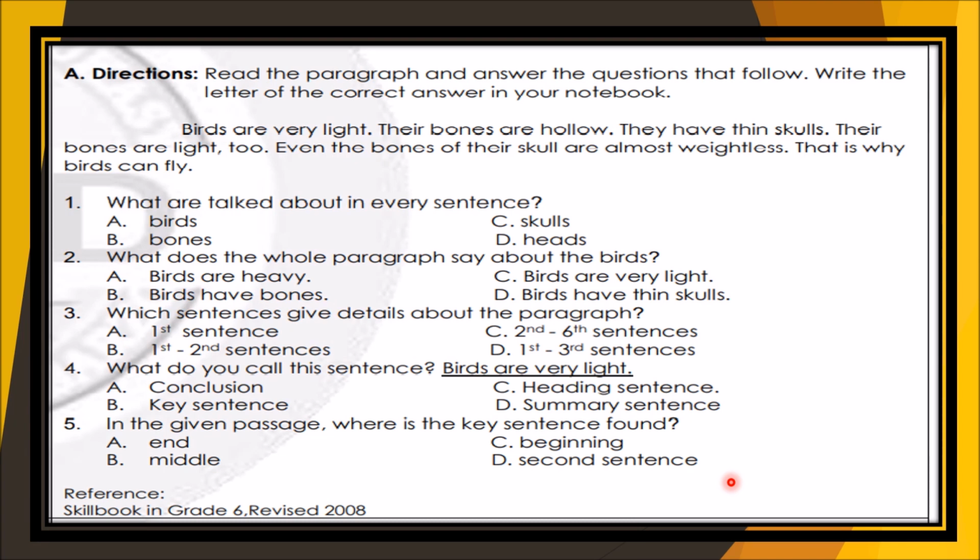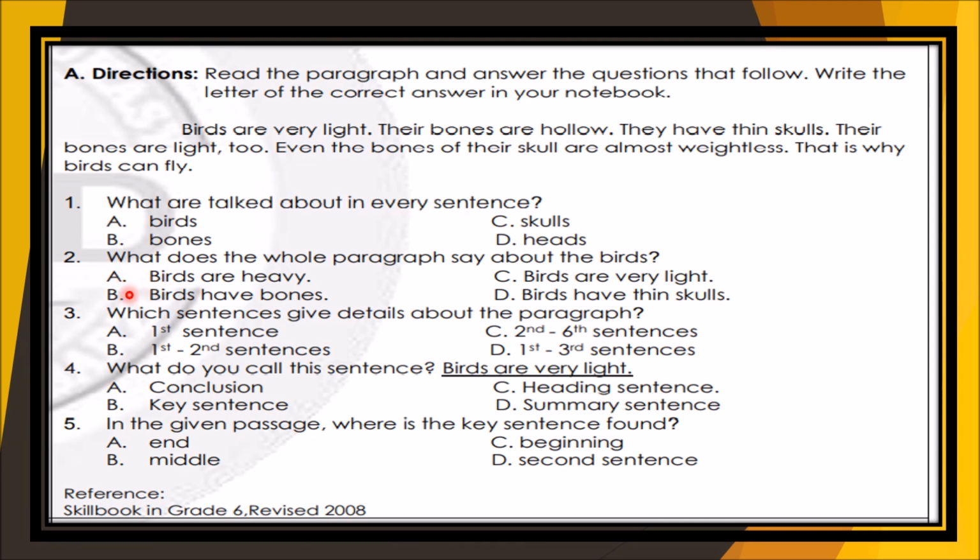So let's start. In the first question, kindly read, what is talked about in every sentence? So what is your answer here? If your answer is letter A, birds, you're right. For the second, what does the whole paragraph say about the birds?